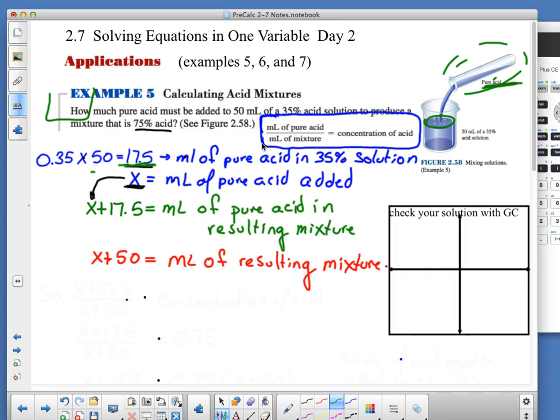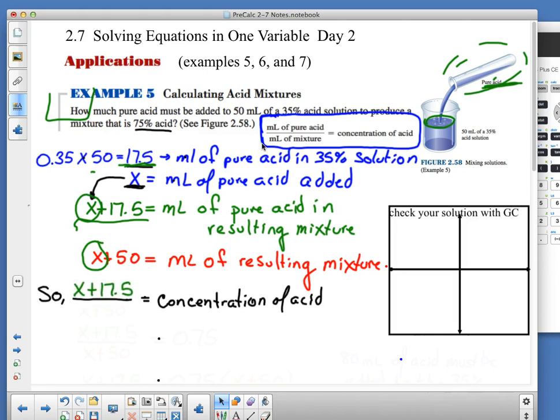Now, as I add more pure acid, my acid concentration will increase. How much am I adding? X. But I'm adding this X to the pure acid and, by the way, the total part of the mixture, okay? So that's why I'm putting this relationship together. And so I've got X plus 17.5 as my pure acid on top, okay?